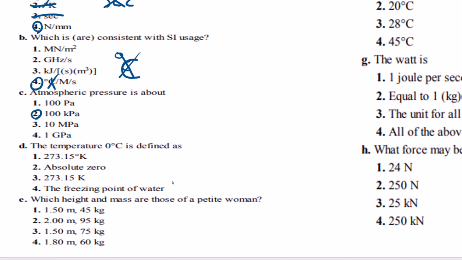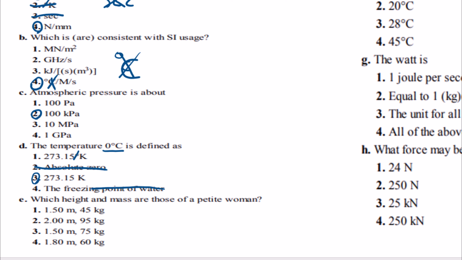How about this part? The temperature 0 degree is defined as this one. But why? As far as you know, we can't use degree for Kelvin, and 0 degree Celsius is not absolute zero or the freezing point of water.